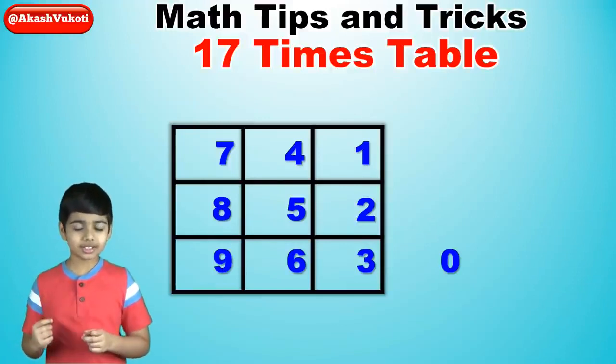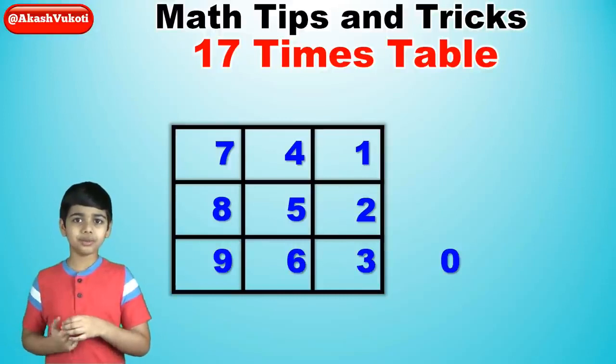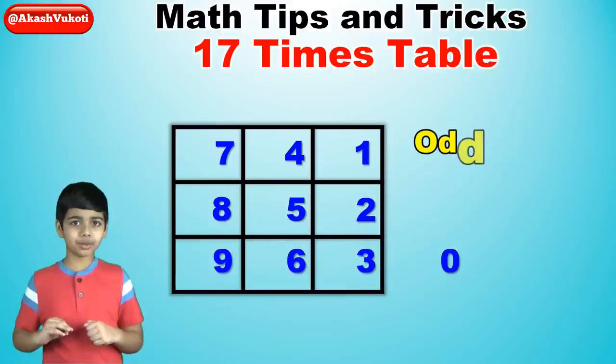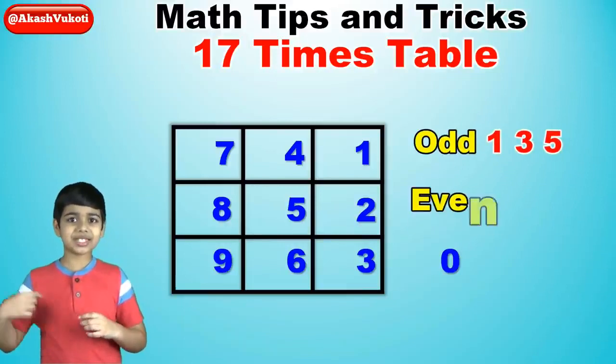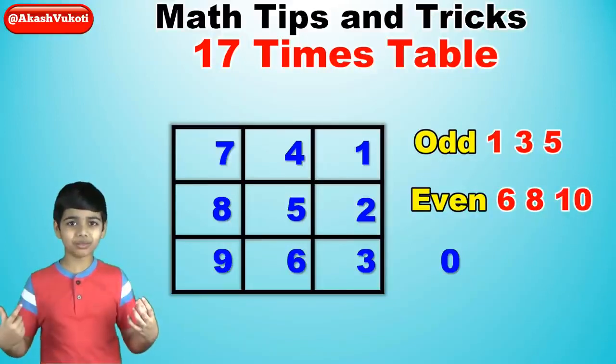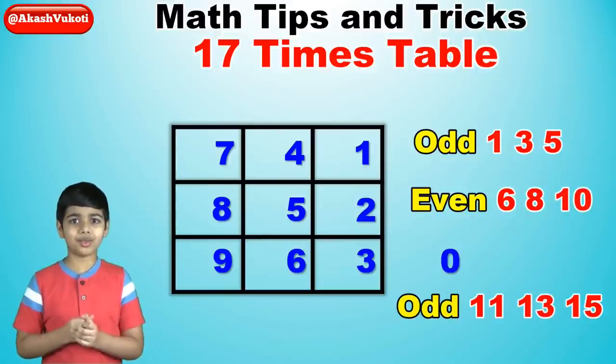Next, for the tens digits, we'll just follow a simple pattern. We write 3 odd numbers in the first row, then we write 3 even numbers in the second row, and then we write 3 odd numbers in the third row.